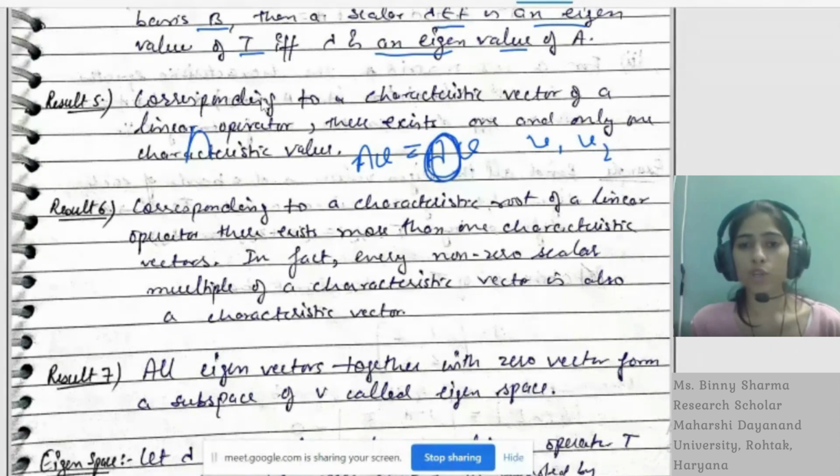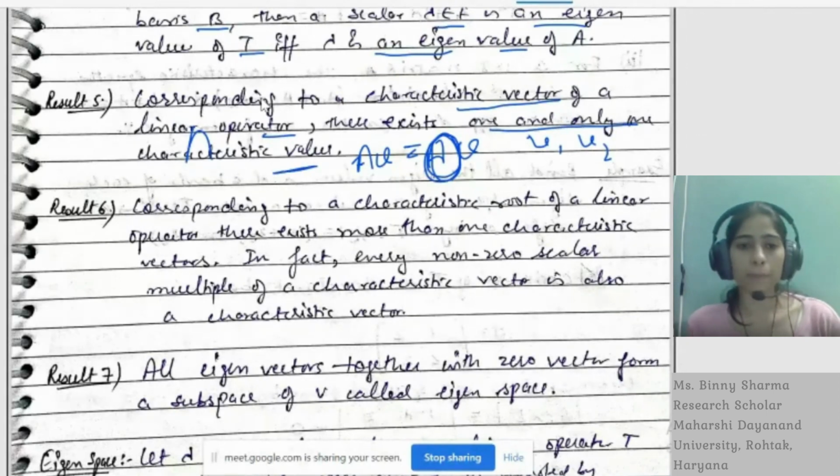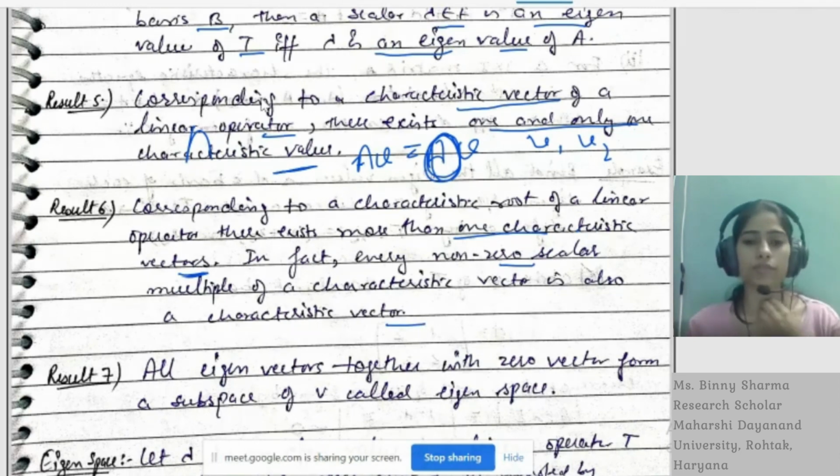Corresponding to the characteristic vector of a linear operator, there exists one and only one characteristic value. The next result says, corresponding to a characteristic root of a linear operator, there exist more than one characteristic vectors. In fact, every non-zero scalar multiple of a characteristic vector is also a characteristic vector.